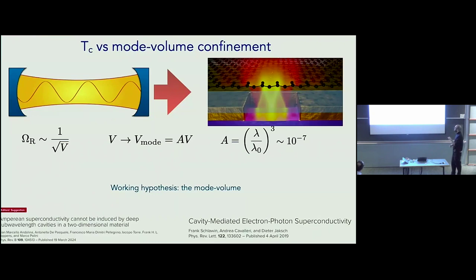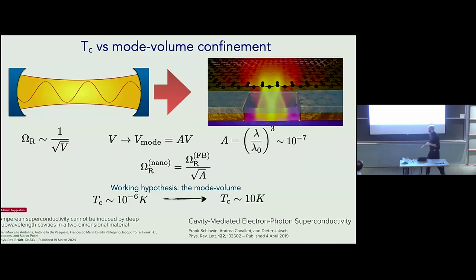So you rescale the volume by this factor, where lambda is the wavelength of your sub-wavelength cavity, while lambda naught is the one dictated by the diffraction limit. And this factor can be up to 10 to the minus 7 or easily 10 to the minus 10. This means that your coupling constant is rescaled by the square root of it, and you can easily go from a prediction of 10 to the minus 6 Kelvin for superconductivity to 10 Kelvin.